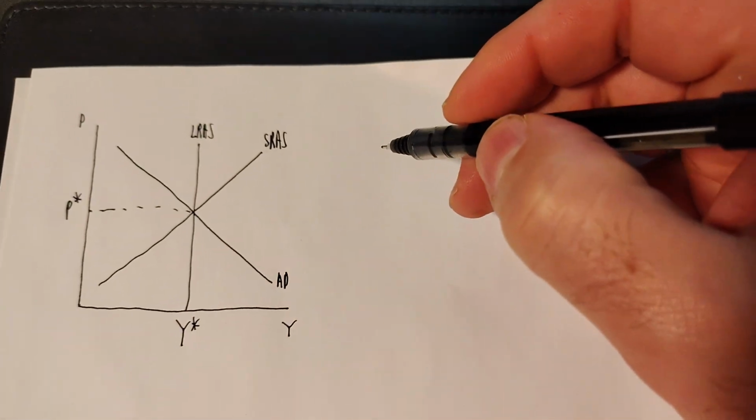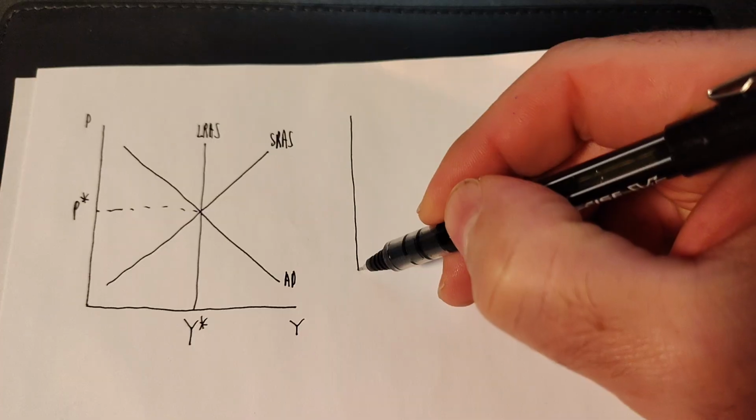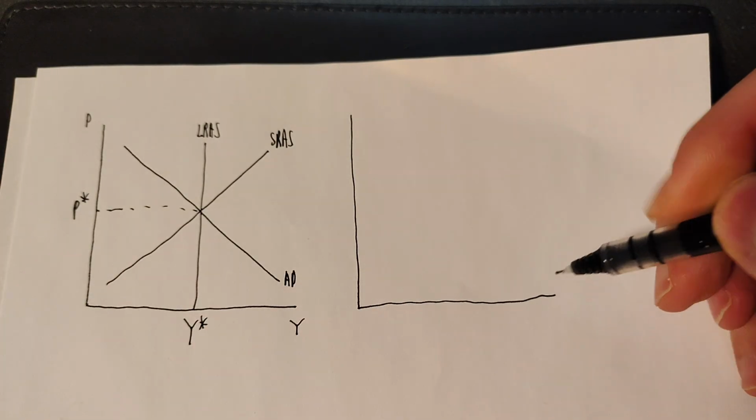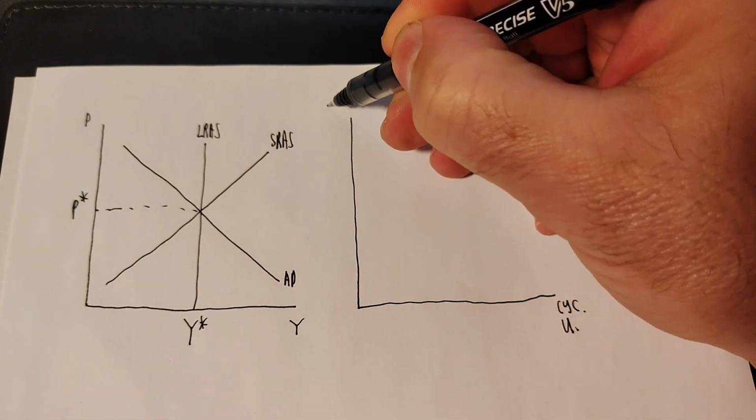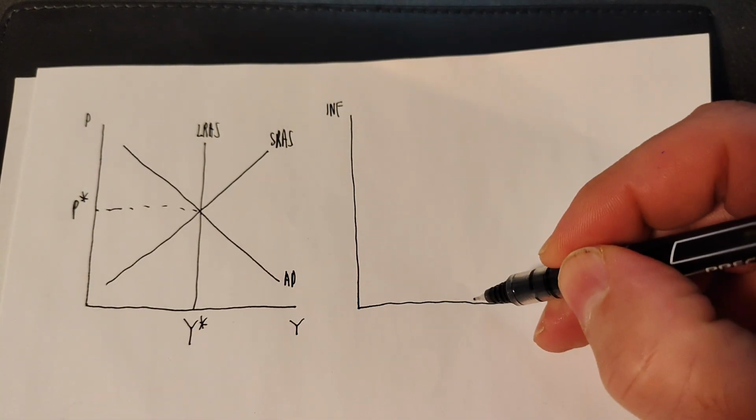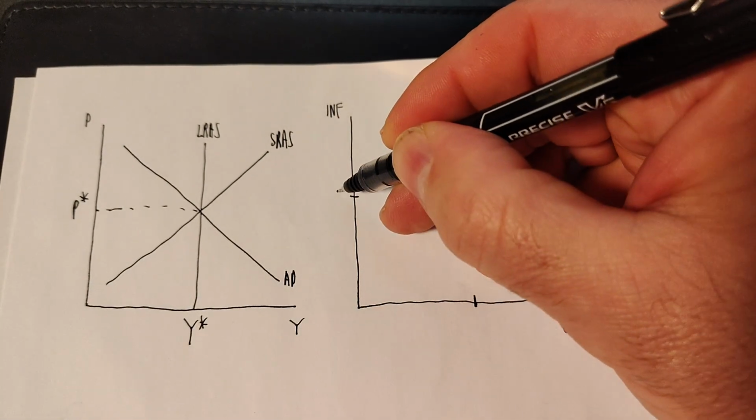And to the right, we're going to put our Phillips curve, cyclical unemployment, inflation. We're going to start off at 0 for both because nothing's changing.